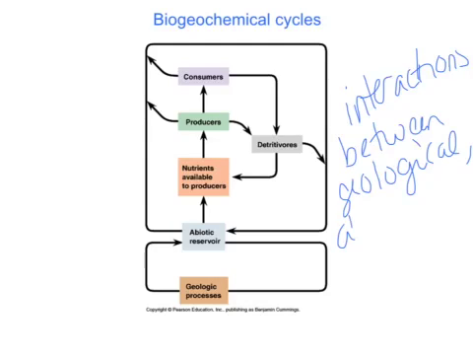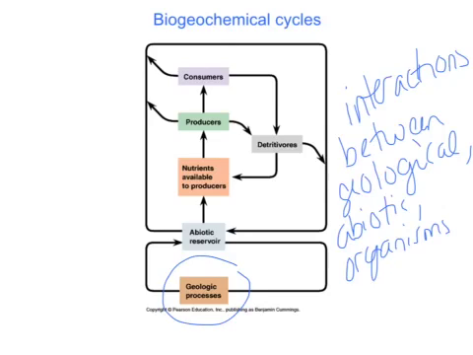You are not going to need to memorize the steps of all of these cycles. You are, however, going to need to be able to interpret graphics involving the cycles. So as you look at this picture here, you can see you've got your geological process, which stores nutrients in an abiotic reservoir, which then makes the nutrients available to producers.